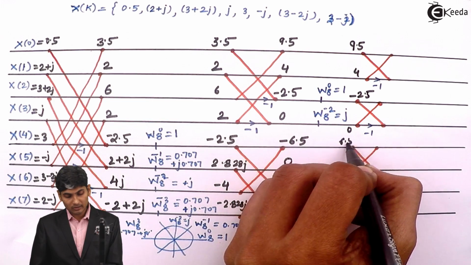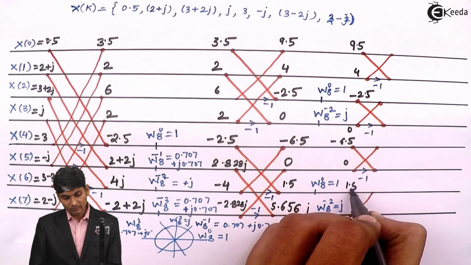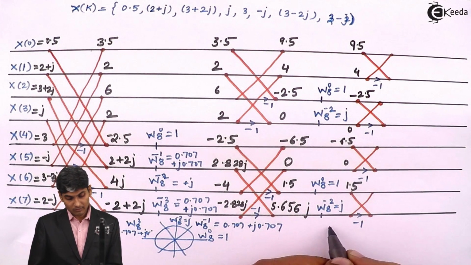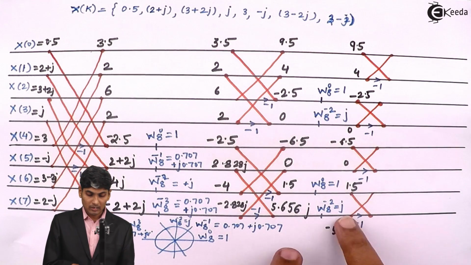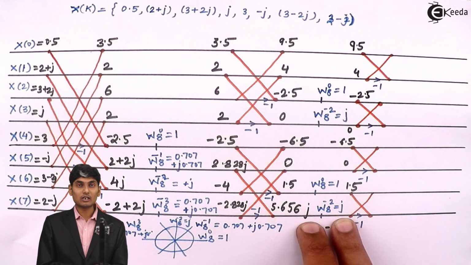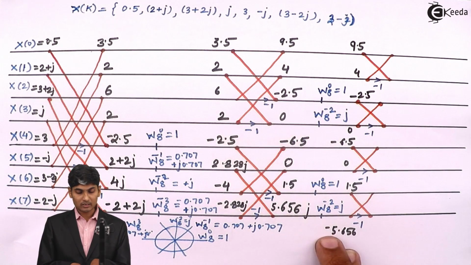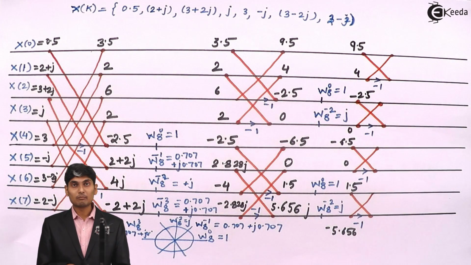This will give me minus 6.5. This will give me 0. This will give me 1.5, and this will give me minus 5.656, because j into j will give me j square, and when we have j square, it is nothing but -1, so here it will get minus added. So now this is the new sample value that we have reached.